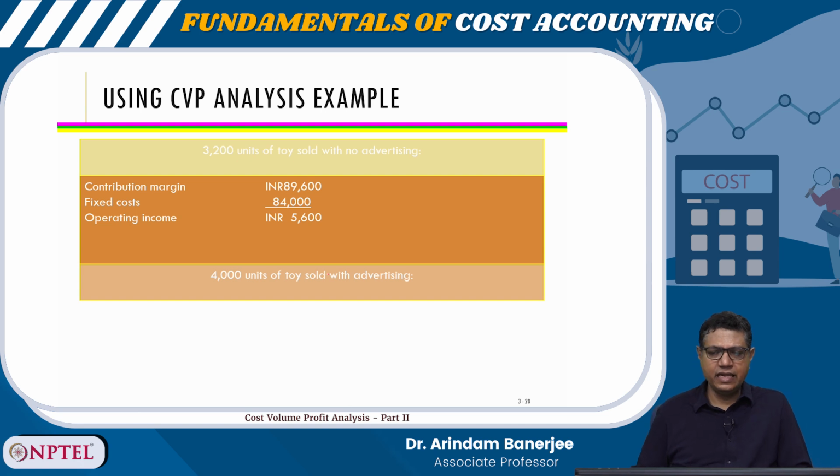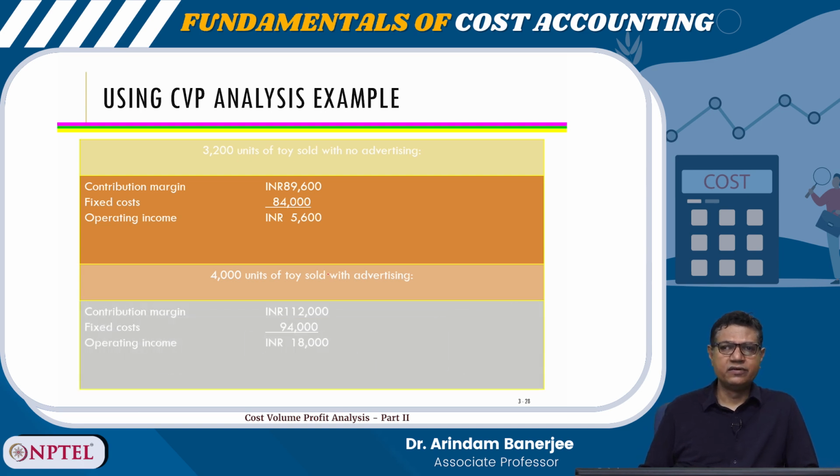If I sell 4,000 units with advertisement, my contribution margin will increase to 1,12,000. But at the same time, advertising is a fixed cost. If I give a print advertisement in a newspaper, or a television or radio advertisement, that cost will remain the same whether I sell 10 units, 100 units or 1,000 units.